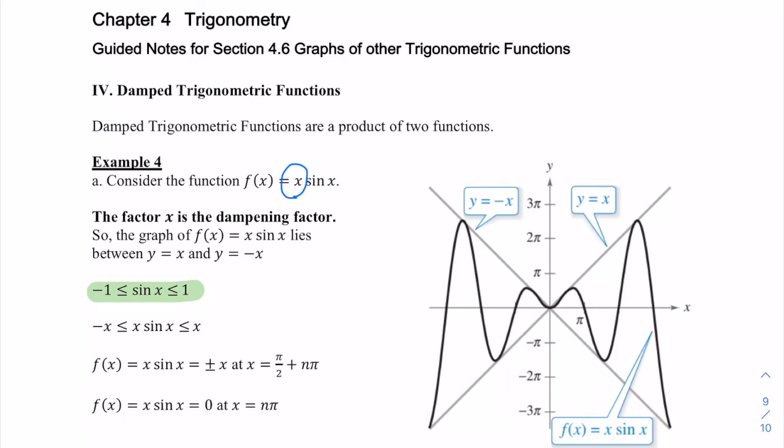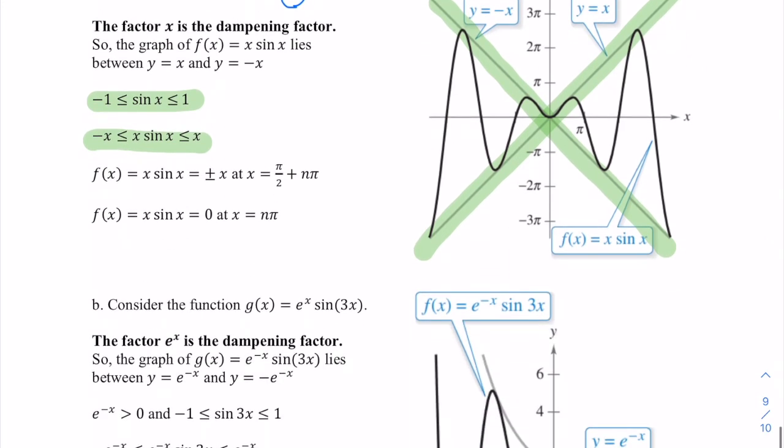But if we multiply this by x, well, now it shows that x times sine of x has to stay between -x and x. So essentially we have these two boundaries. There's negative x and there's y equals x. You can notice that sine will still equal 0 at pi n. And then you can notice that it's going to have a relative max or min at pi over 2, just like the regular sine would, plus pi n.